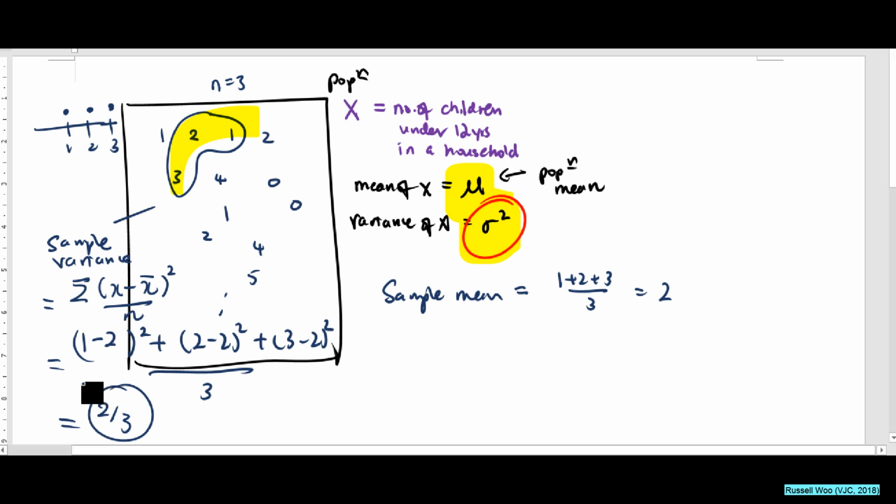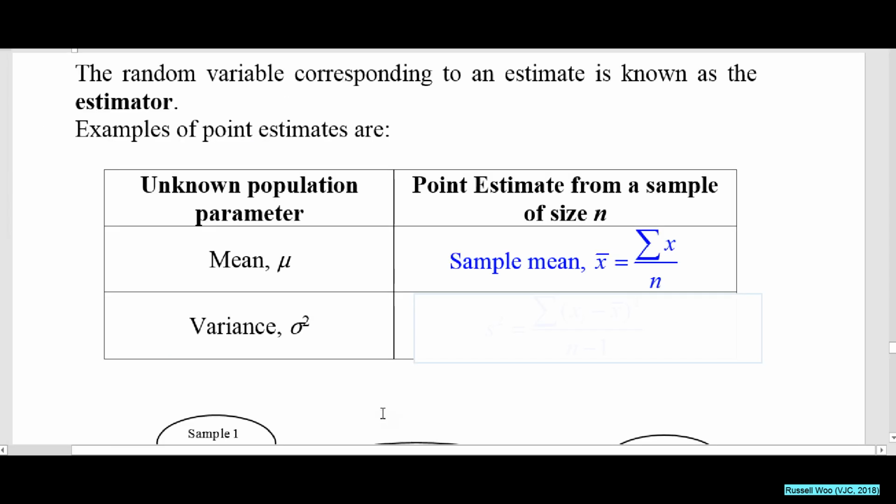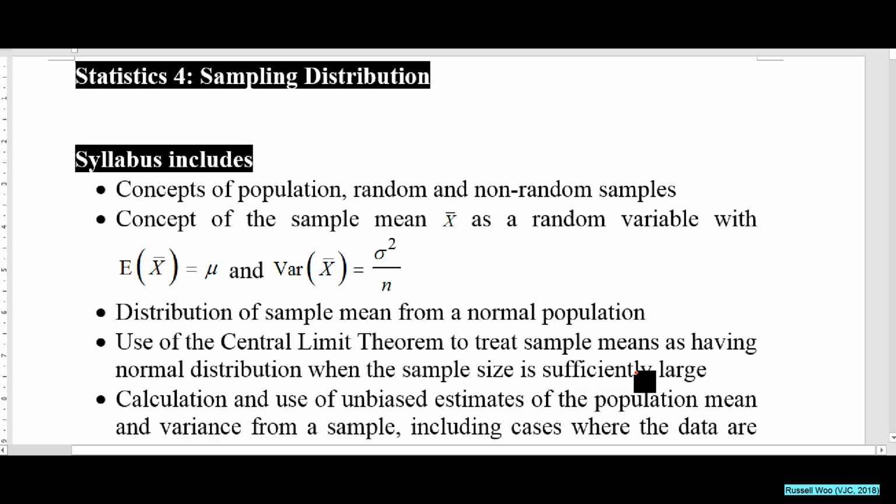Let me first say that in order to estimate the population variance, this is not the sample variance. I write down this first. It is not sample variance.